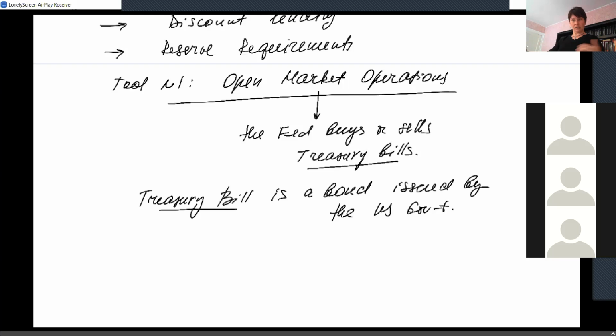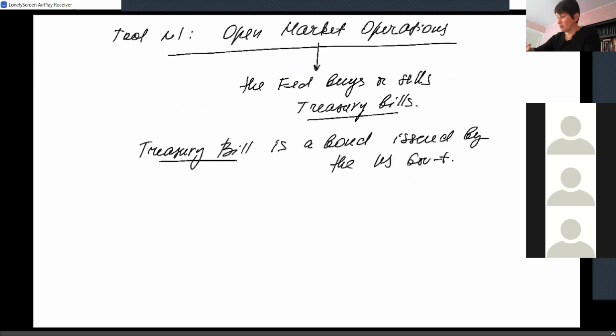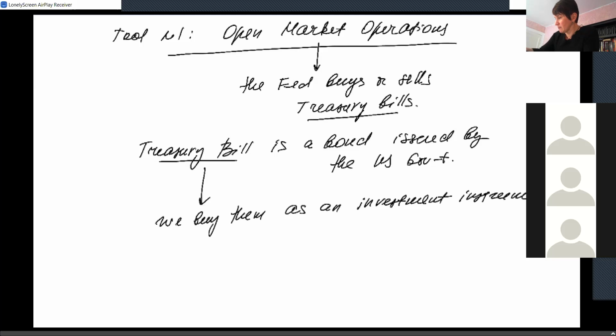It issues treasury bills on a continuous order. Who buys those treasury bills? Anyone who wants to invest, anyone who wants to lend his or her money to the government. Treasury bills, we buy them as an investment instrument. Okay?